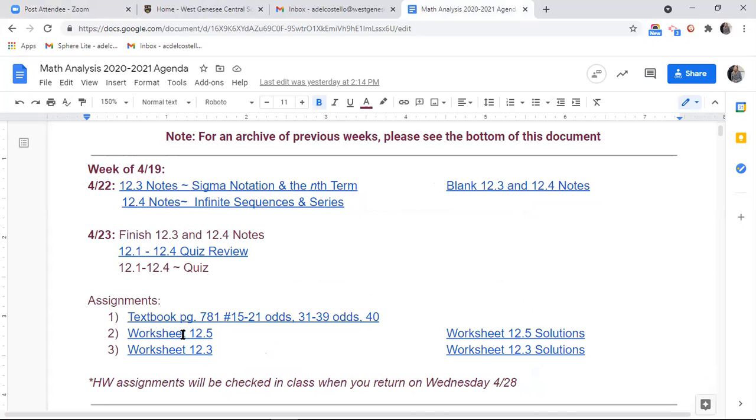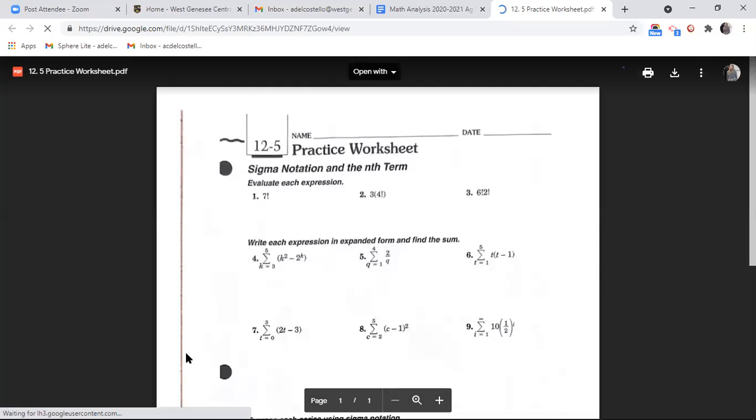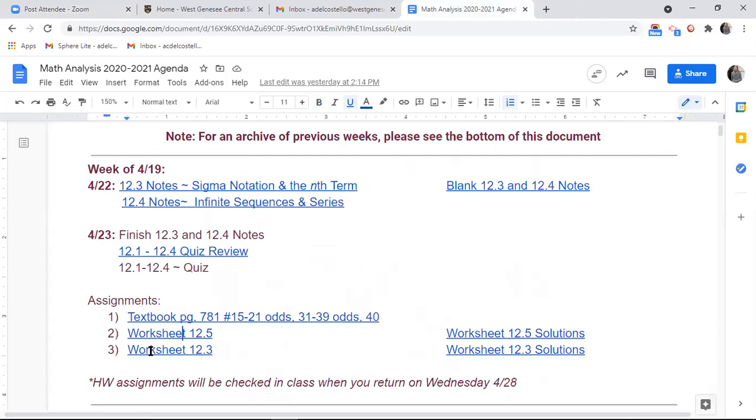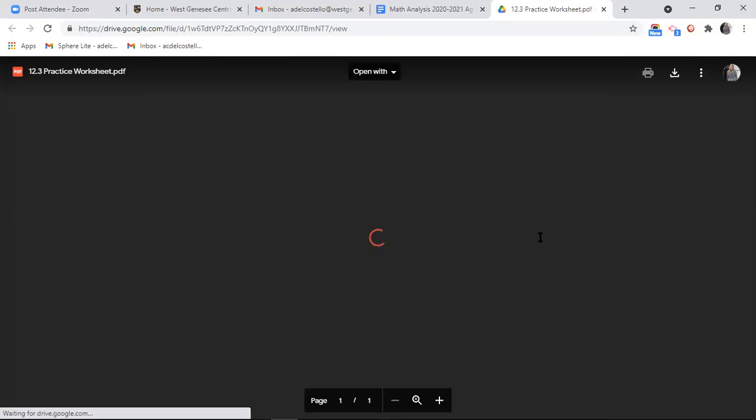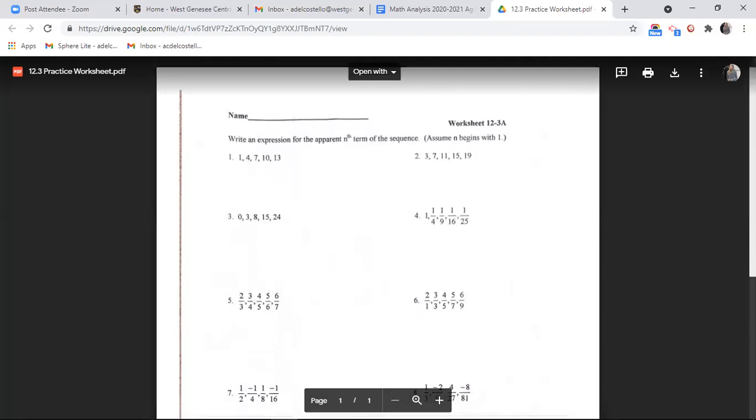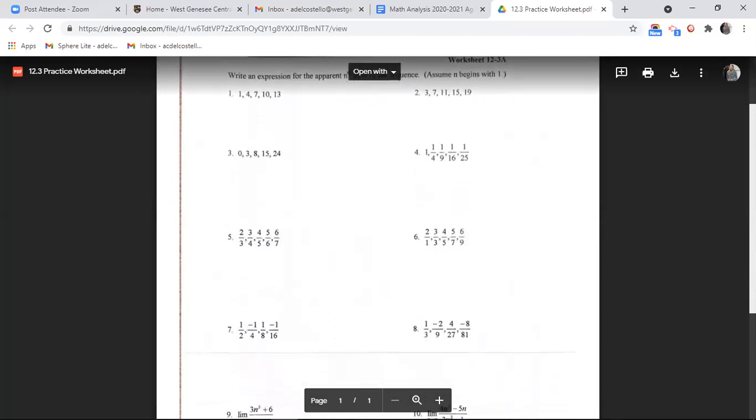In your worksheets, there are 2 of them. It's this one, the one that says the sigma notation. And on this one, guys, you may cross off number 8 if you'd like. It's just a little bit beyond what we need to do. So that's the second one.